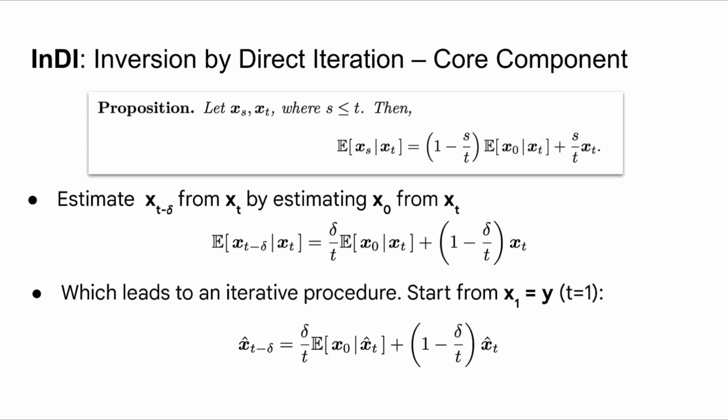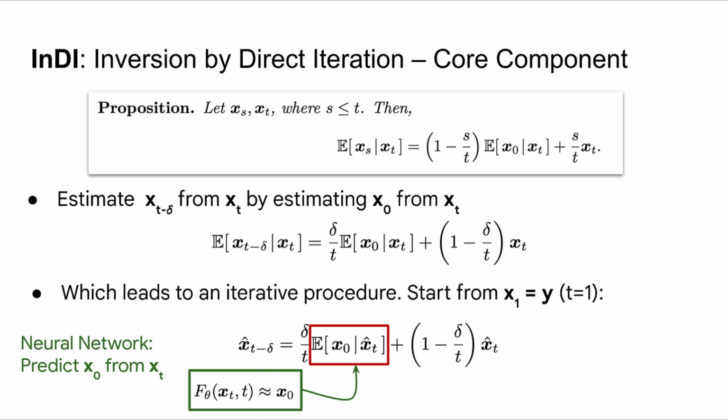We can convert this into an iterative procedure, where we start from the low-quality observation y, and then estimate a slightly less degraded image by applying this recurrence. We do this until we reach time t equals 0. Of course, to apply this formula, we need to know how to compute the MMSE estimate of the clean image at any xt.